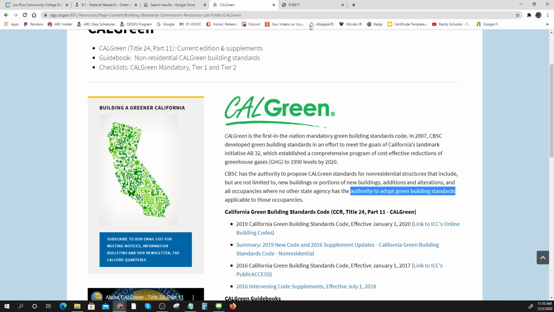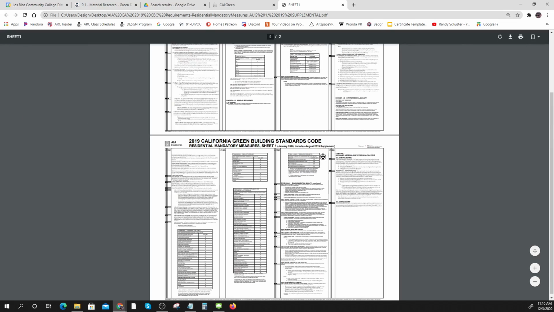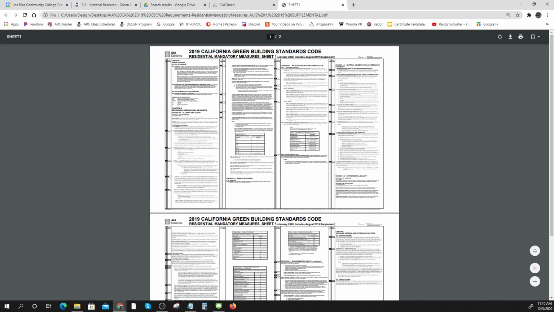Let's take a look at how it can be applied. Here's a building sheet. This is a template from the American Institute of Architects of California, that they suggest if you're doing some sort of a project that you use these sheets at the start or somewhere in your plans so that planners can know and you can just do some checkoffs.